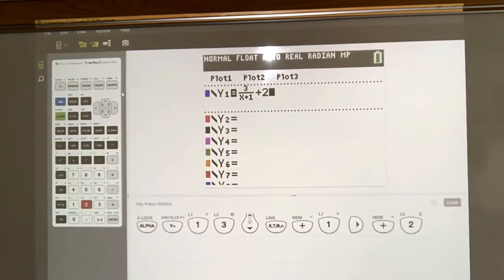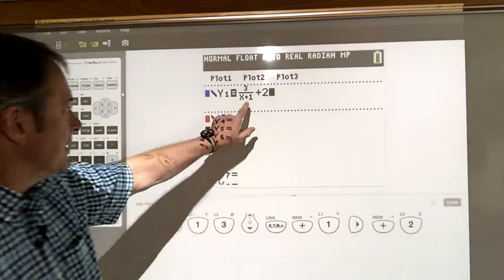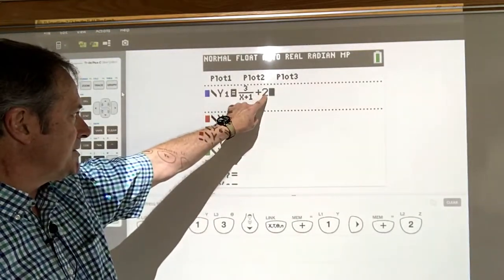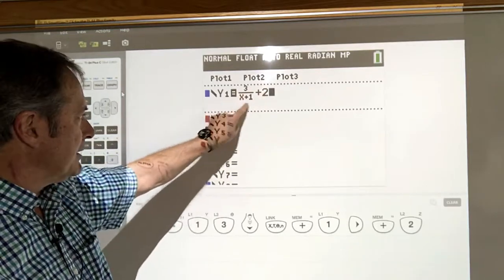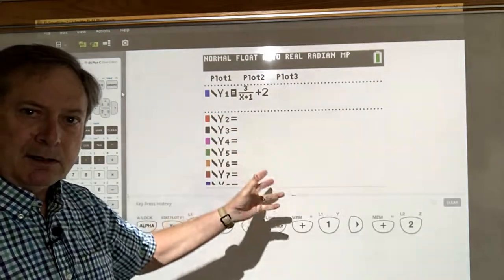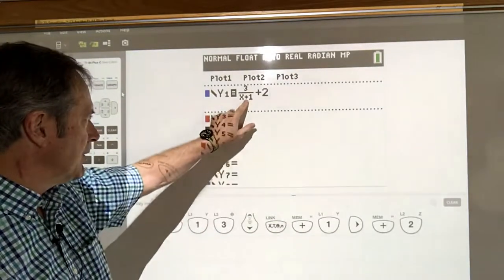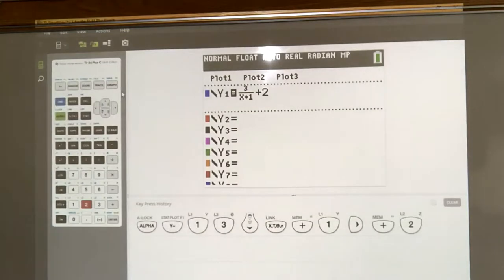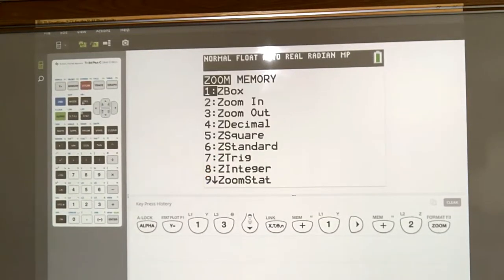Now what you're going to see is a shift to the left 1 unit and up 2. And again, you're noticing by now that this type of thing is always the opposite sign of what you'd expect. So we're going to go left 1 and up 2. And let's hit zoom 6 as usual.